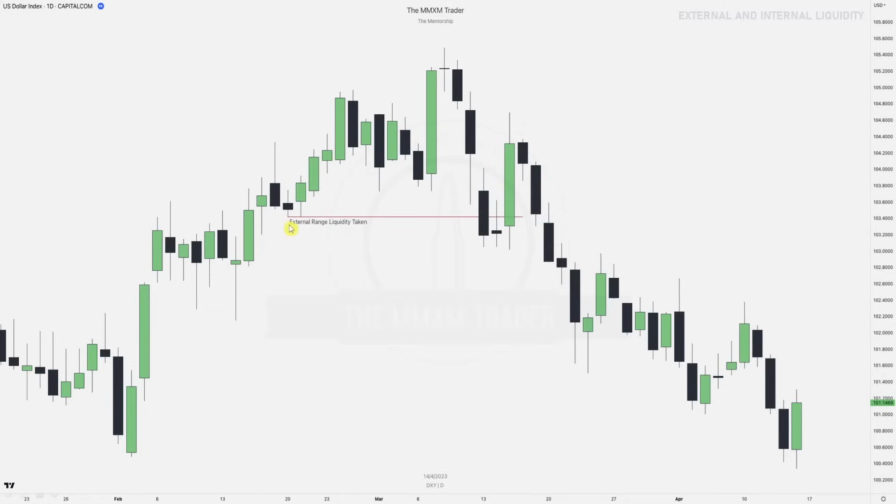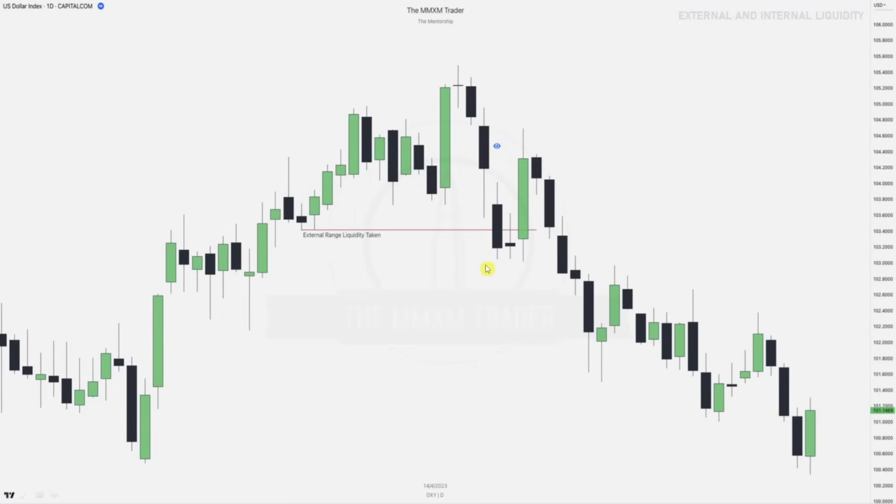So over here, external range liquidity again, right? What do we do after we hit external range liquidity? Again, we want to go to internal range, right? So where is internal range liquidity? We've got this big fair value gap up here.